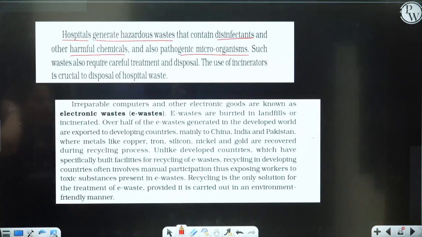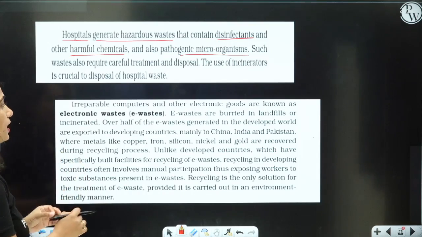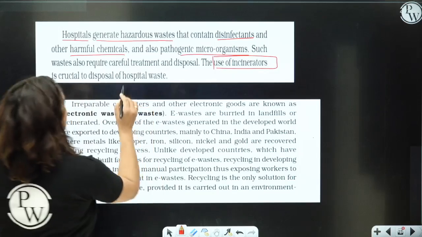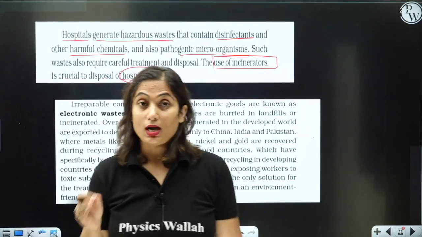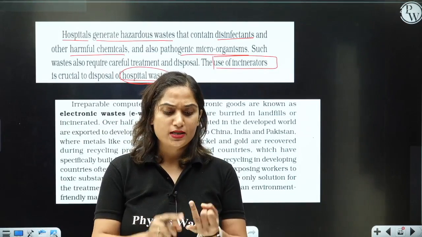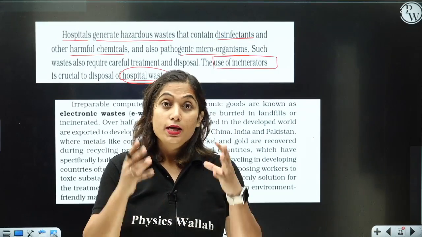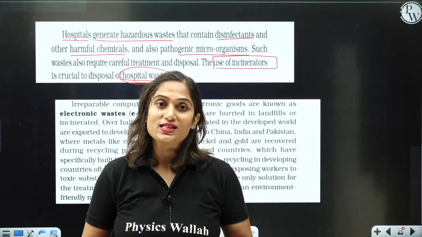So the waste generated from hospitals should be carefully treated, and incinerators are used for hospital waste. This is important: hospital waste, which contains harmful bacteria and viruses, disinfectants, and syringes, is disposed of with the help of incinerators.